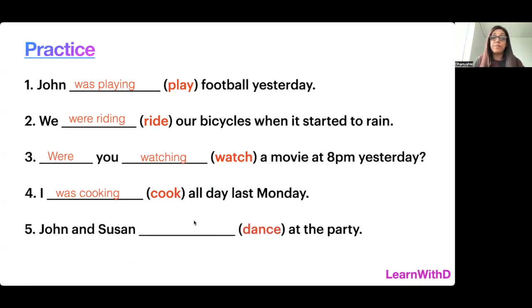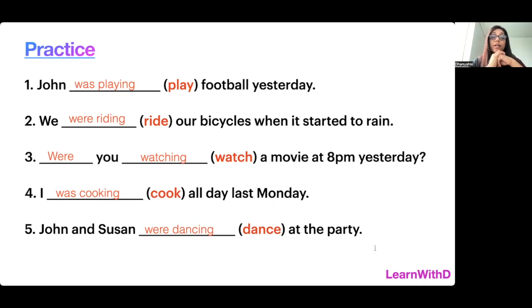John and Susan blank, dance at the party. Did you get that? Very good. So John and Susan were dancing at the party. Again, dancing is an action that happens for a period of time.